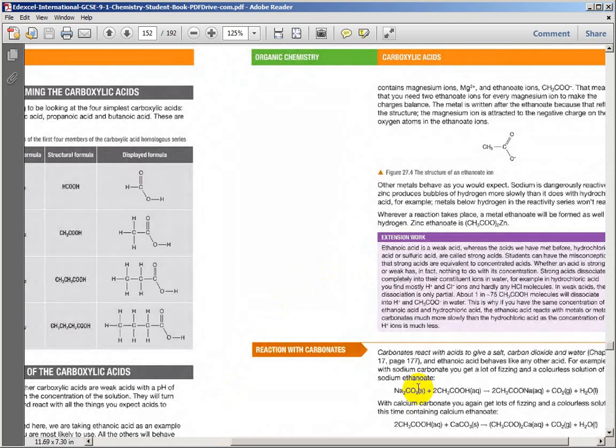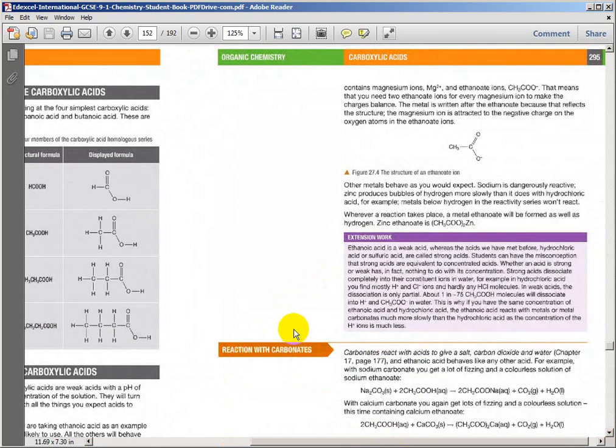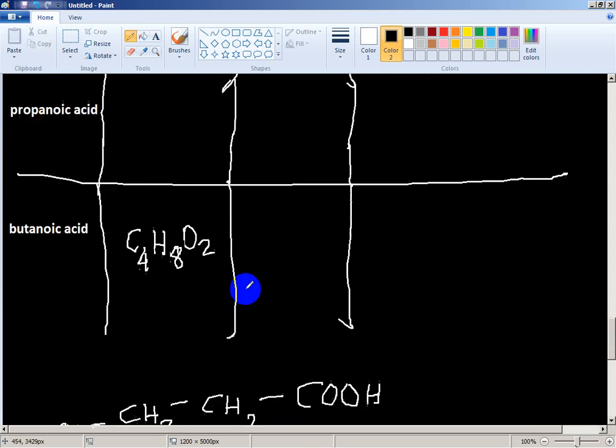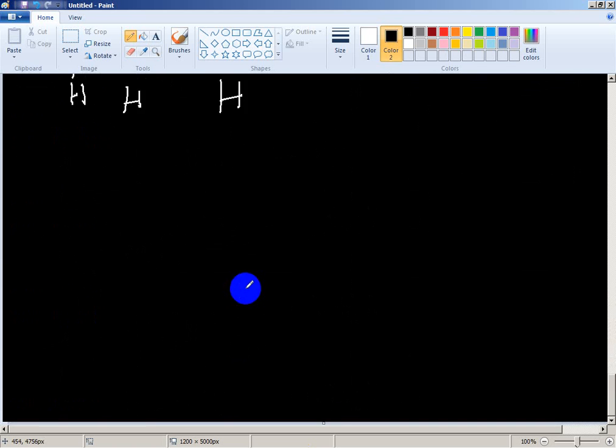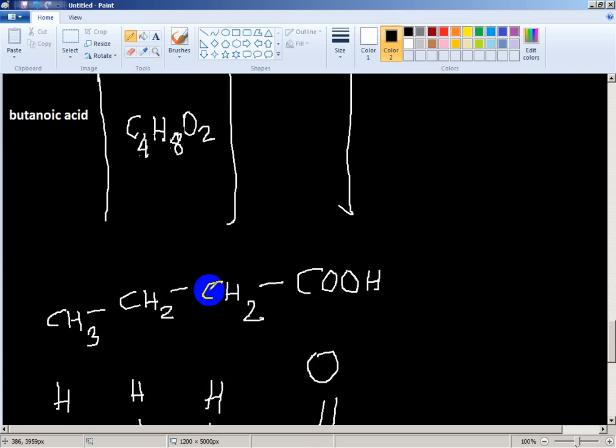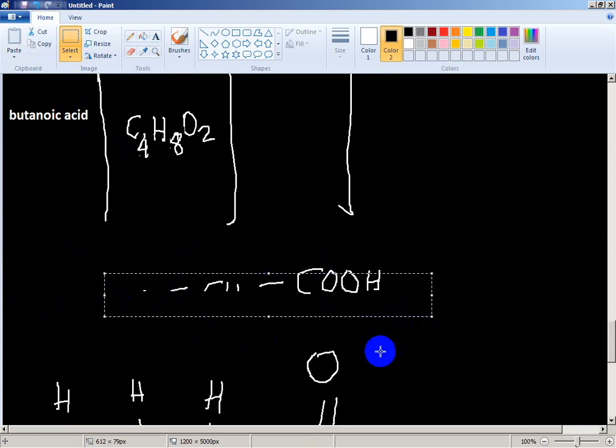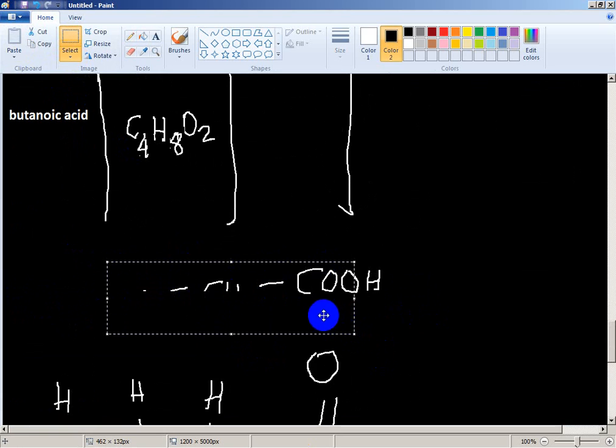I am showing the main book. Reaction of carboxylic acid. When acid reacts with metal, what is formed?